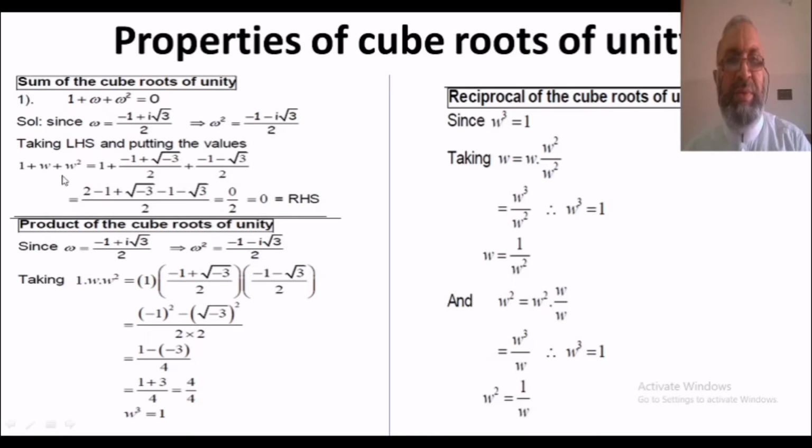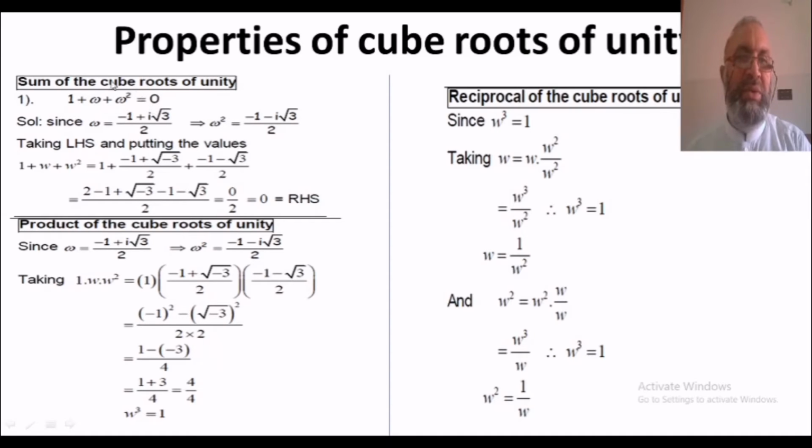From the first property, for example, if we want to change this term totally into omega square, from the first result 1 plus omega plus omega square equals 0, we can write 1 plus omega is equal to, transforming omega square to the right, minus omega square.